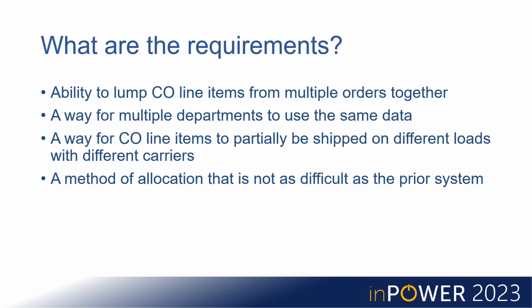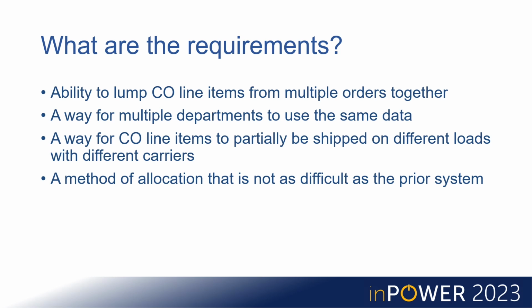So my requirements, as I set out, were the ability to lump customer order line items together for multiple orders. And I might ship 2 from this order, 2 from that order, 1 from the other order. I had to have a way for multiple departments to use the same data, and a way for CO line items to be partially shipped on different loads with different carriers.